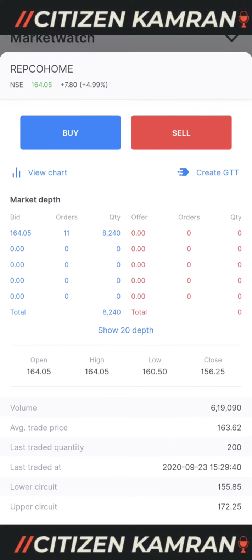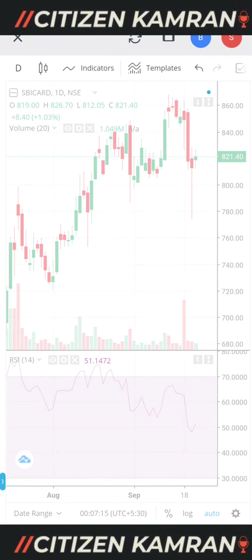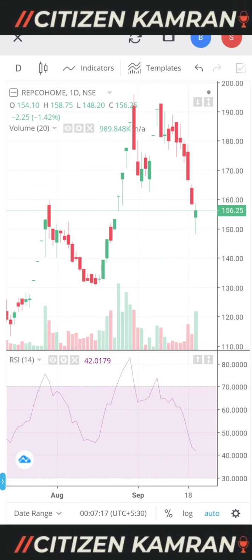Another option you have over here is to view the chart. Here you can see the current price. If you see the low and the high, I think maybe because it is at a low, that's why people have put orders to buy it. What I have at the bottom is RSI, which you can use to determine how many people are buying and selling.